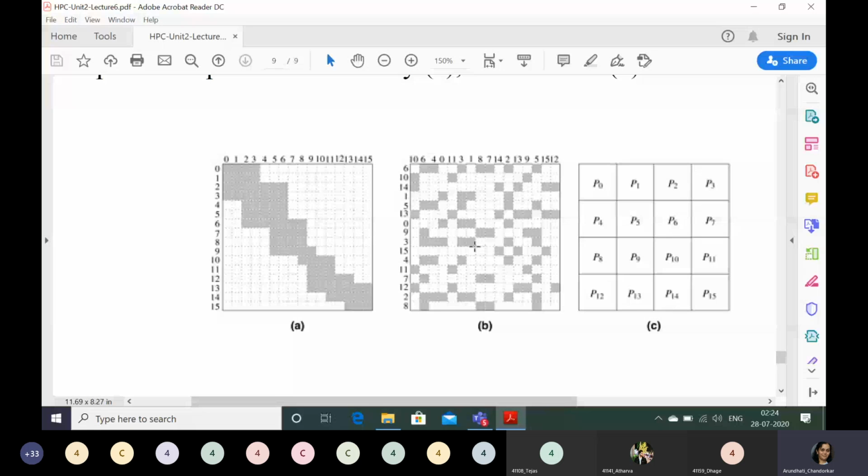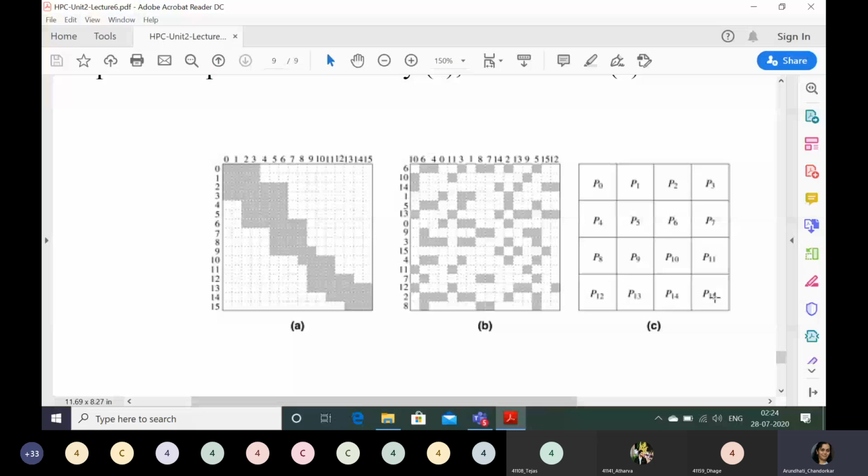This is your pure block. Each element has one process, and we have 16 processes. So allocate P0, P1, P2, P3, 4, 5, 6, serially up to P15, with no wraparound. So this is suitable here.